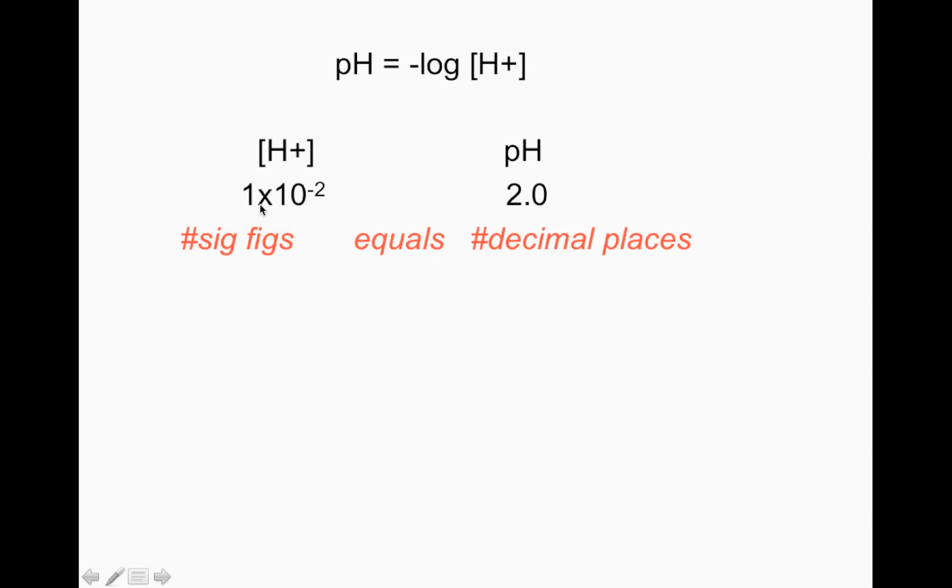The number of significant figures in the H positive concentration will equal the number of decimal places to have in the pH. So there's only one significant figure here, so we have 1 decimal place in the pH. Here we have 2 decimal places in the H positive concentration, and then 2 decimal places. Here we have 3 significant figures, and notice 3 decimal places.